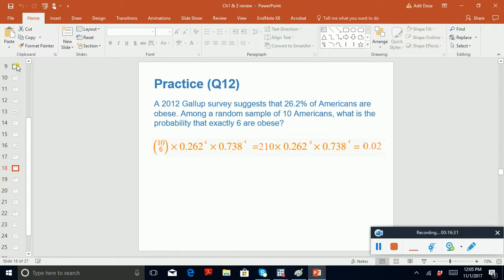So I can easily cancel this with this. 4 factorial is 4 times 3 times 2 times 1. 4 and 2 can cancel with 8. I just have 3 in the bottom, so 9 divided by 3 is 3. 10 times 3 times 7 is 210. Is it clear?